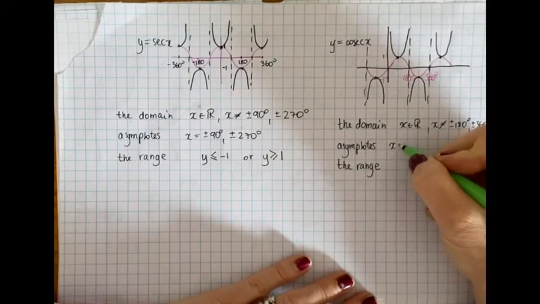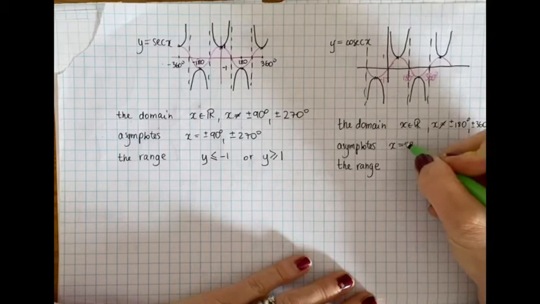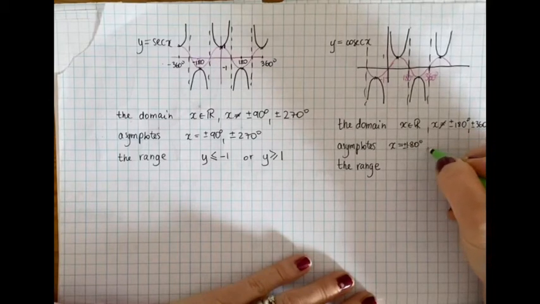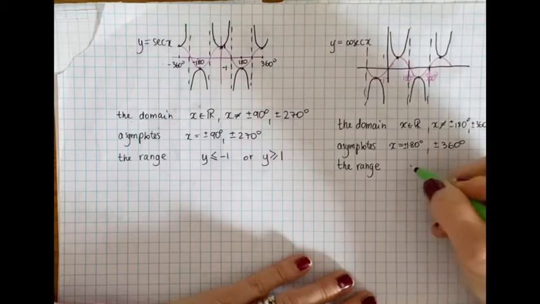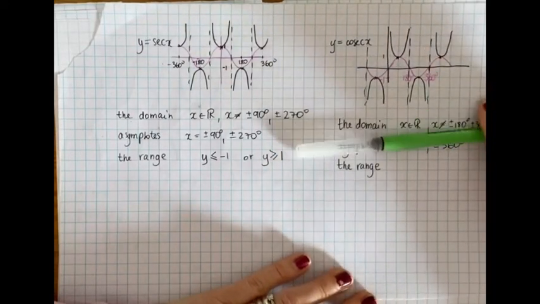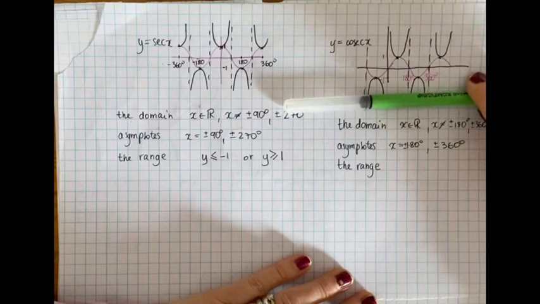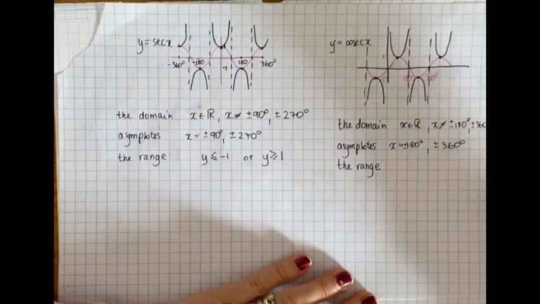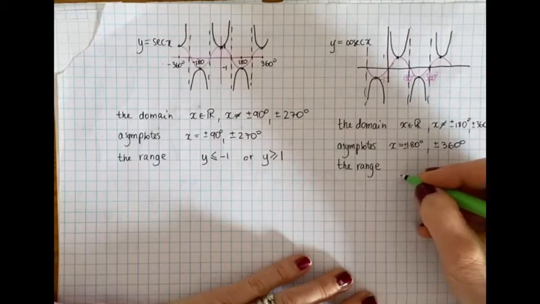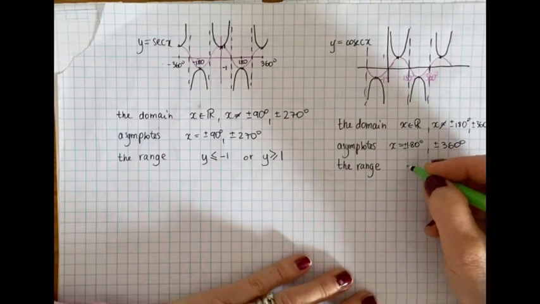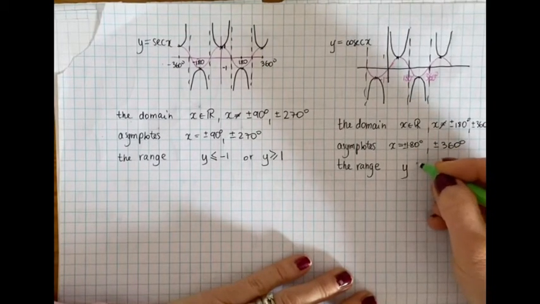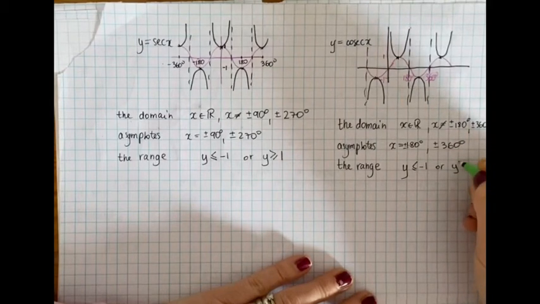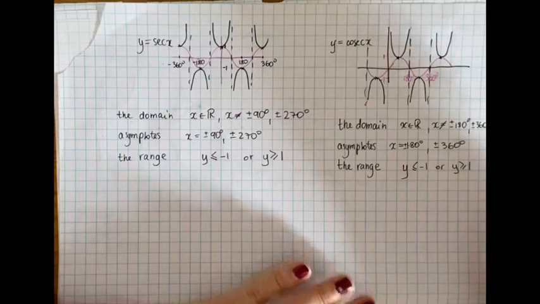Asymptotes are those 180 and minus 180 and 360 and minus 360. The range, again, you could see that you'll be cutting the graph apart from that band between 1 and minus 1. So the range, you can have any value for y less than or equal to minus 1, or y greater or equal to 1.